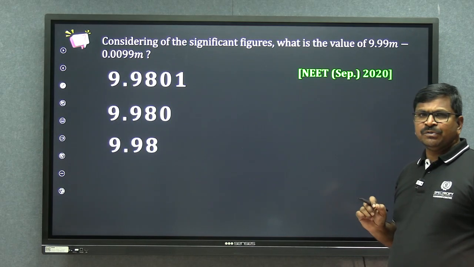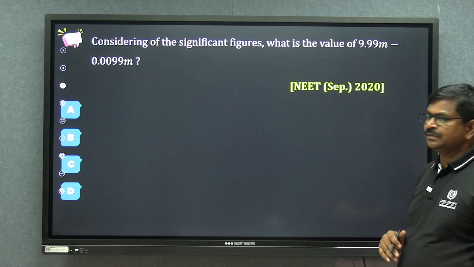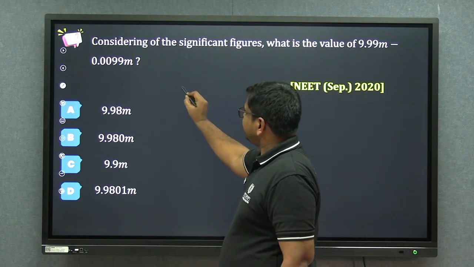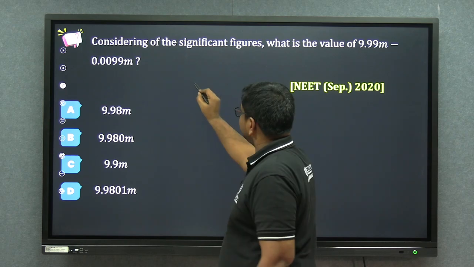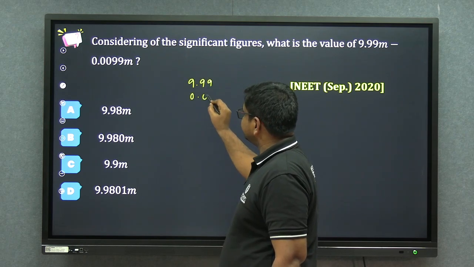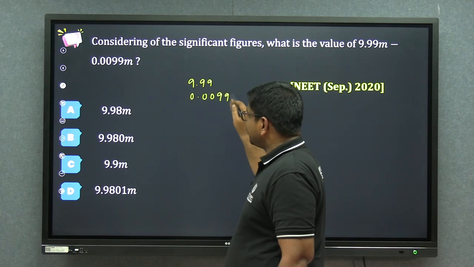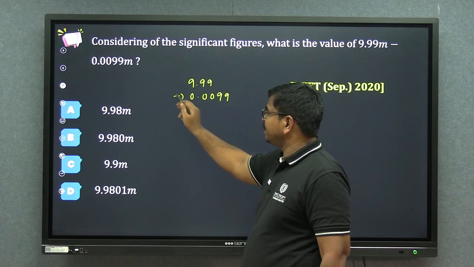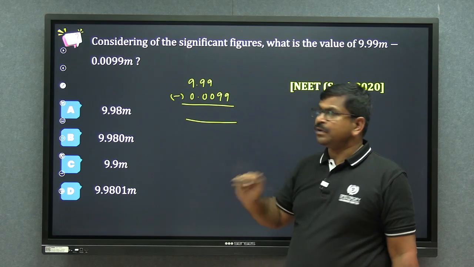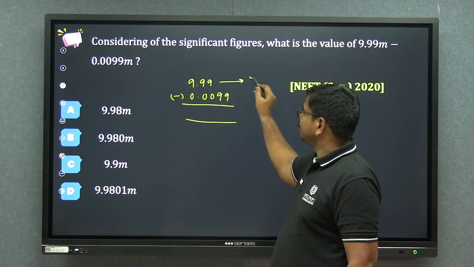But if you observe, there is no need to do all these things actually. What is the given addend? 9.99. And another one, 0.0099. In case of addition or subtraction, what is our working rule? The result should have the least decimals. How many decimals are here? 2 decimals.